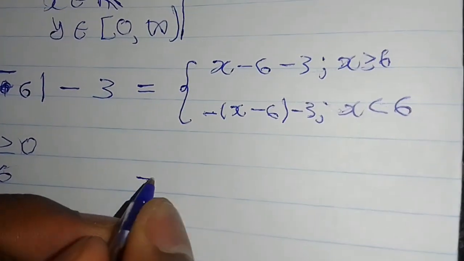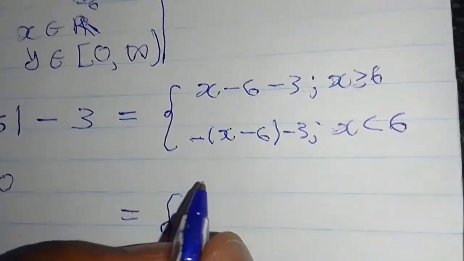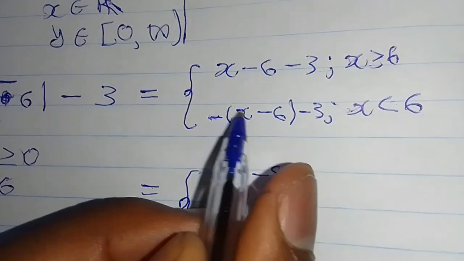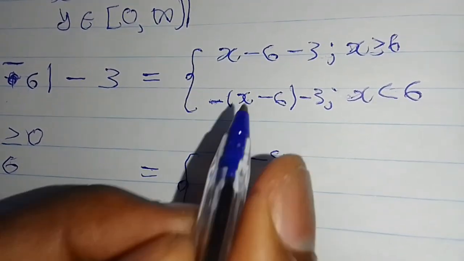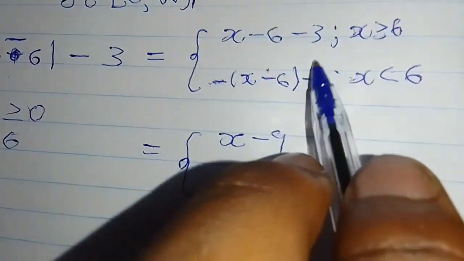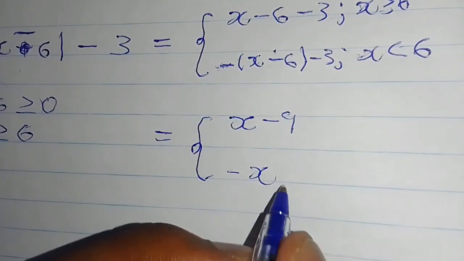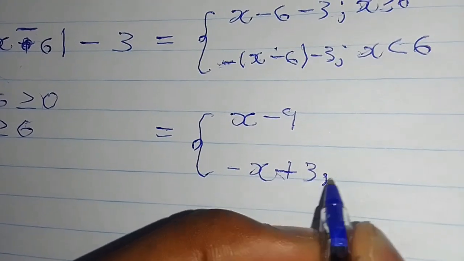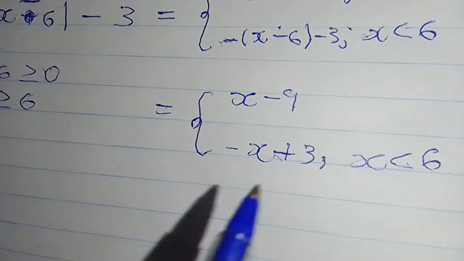Proceeding further, we can simplify x minus 6 minus 3 as x minus 9. And then minus times x gives minus x, minus times minus 6 gives positive 6, and positive 6 minus 3 is positive 3, for as long as x is less than 6.